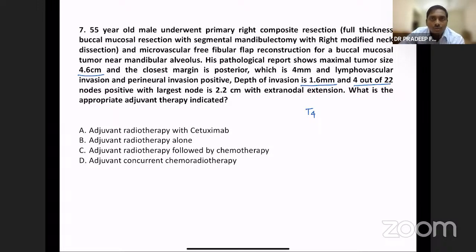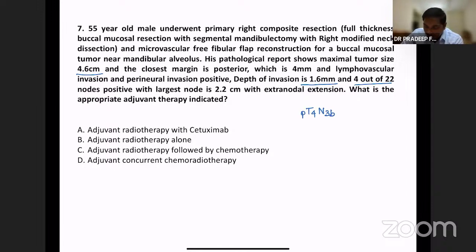More than 1 node positive is N2, but extranodal extension means it becomes N3B. Okay, pT4, you have to write P, that is pathological. If you achieved a clinical diagnosis, it becomes C. And the margin is close because it is 4 mm. What is the appropriate adjuvant therapy indicated?